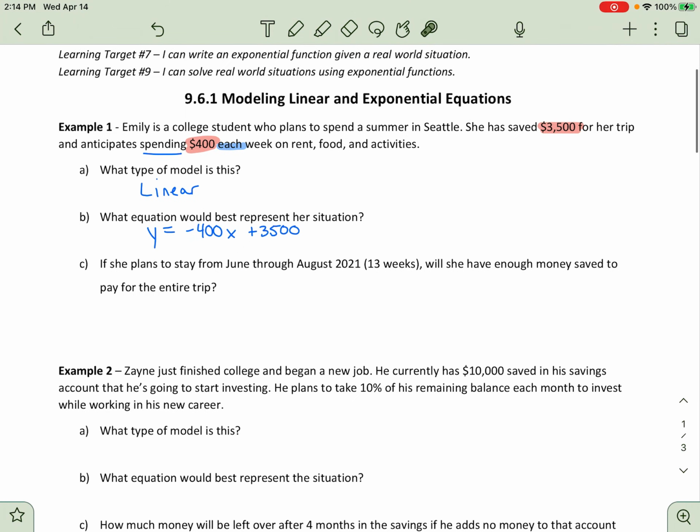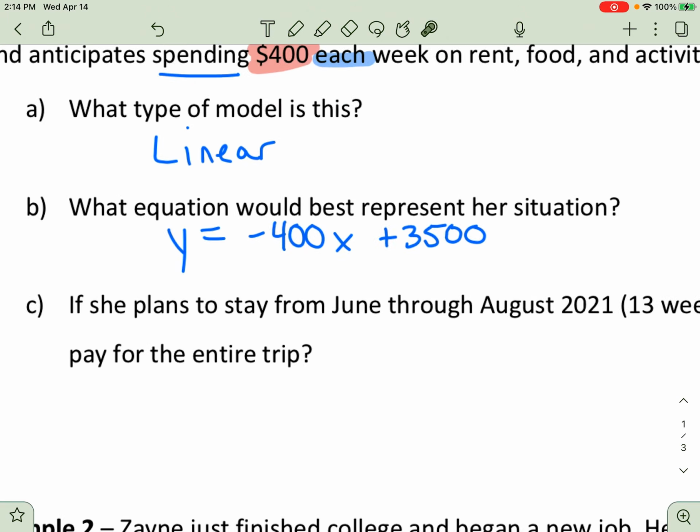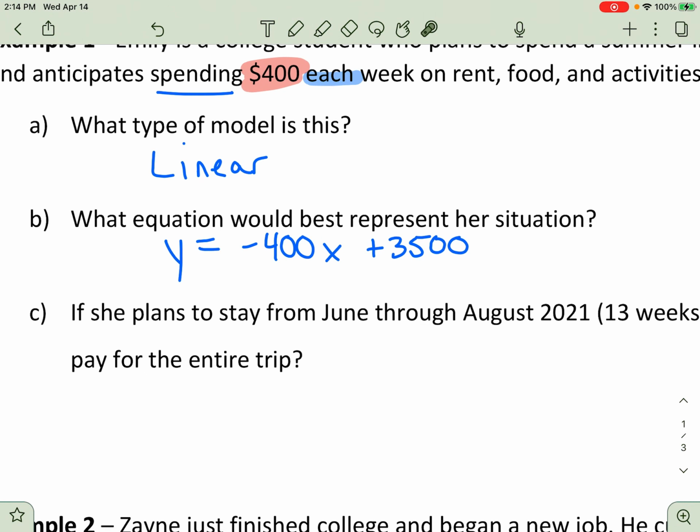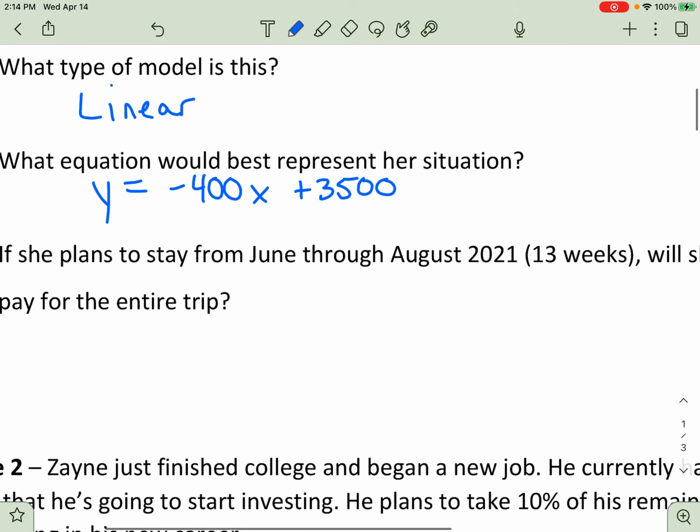She plans to stay from June through August. Will she have enough money saved to pay for the entire trip? We're going to run this equation, and if it comes out positive, then we know she's got some money left over in the account. If it's negative, that means she has not saved up enough money to cover all the expenses.